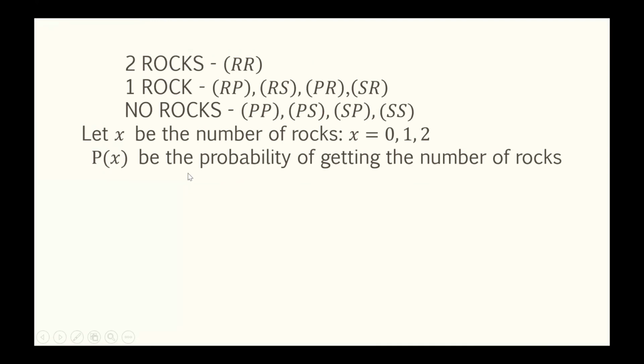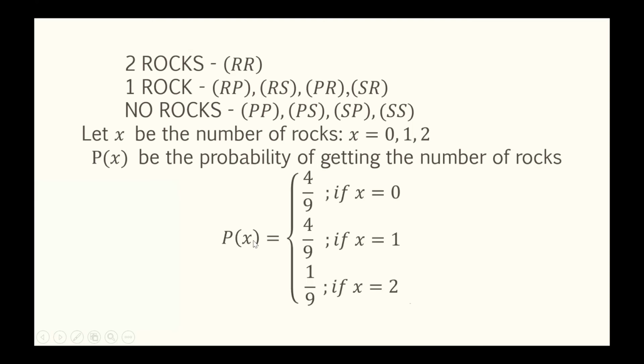We can write our probability distribution function as P of X equals 4 over 9 as the probability if you're going to get 0 rock, or no rock. We have here 1, 2, 3, 4.